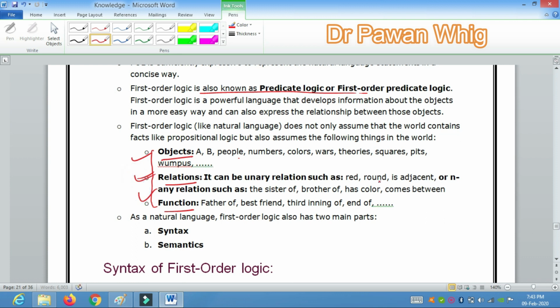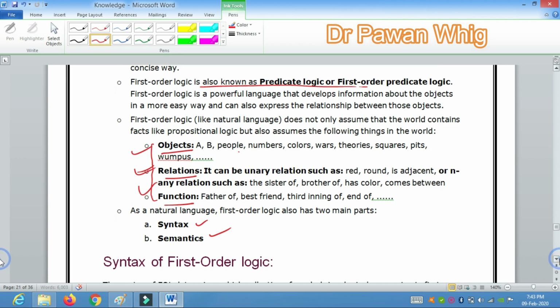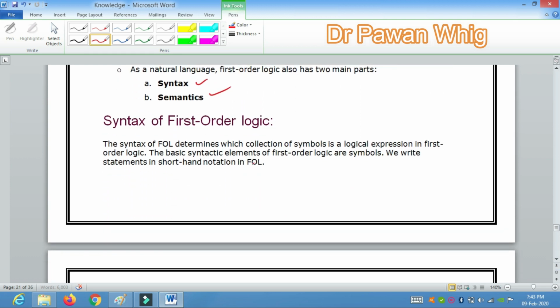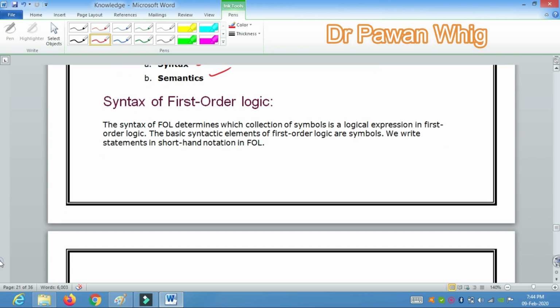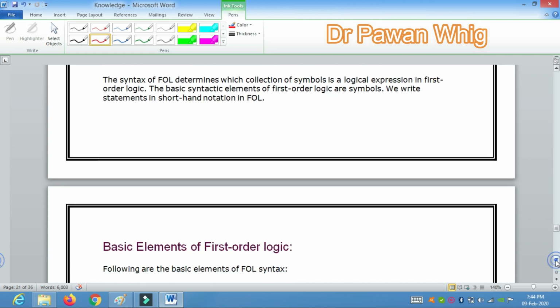How? We'll see it. For this you have to understand syntax and semantics. See, the syntax of first order logic: the syntax of FOL determines which collection of symbols is a logical expression in first order logic. We write the statement like this in FOL.